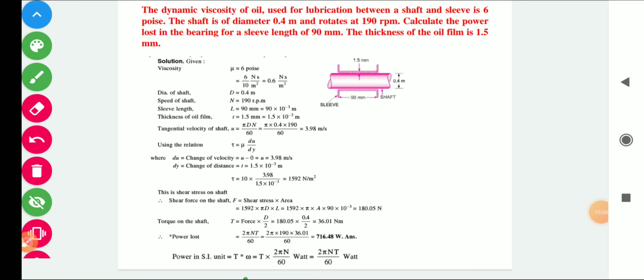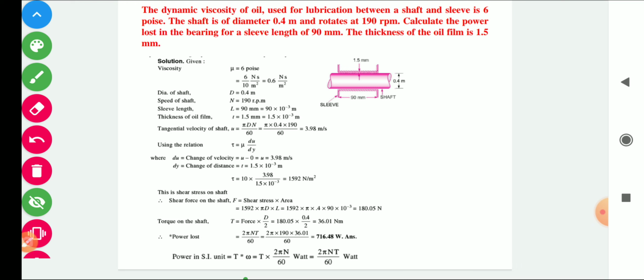So this power is equal to torque into this angular velocity. This will be equal to 2 pi into n, number of rotations, and this n is in units of rounds per minute.